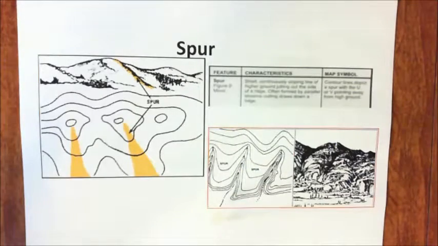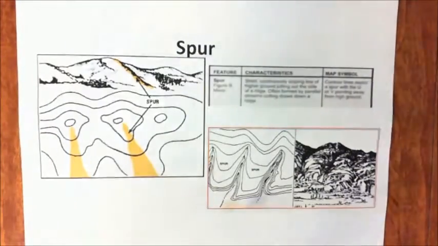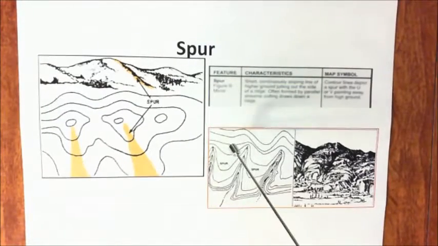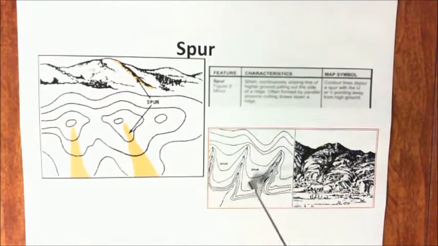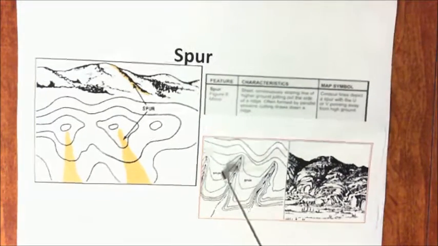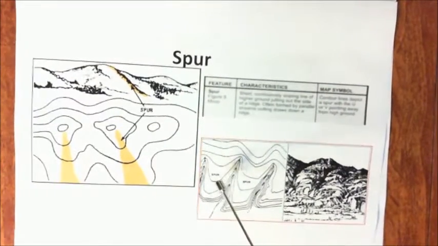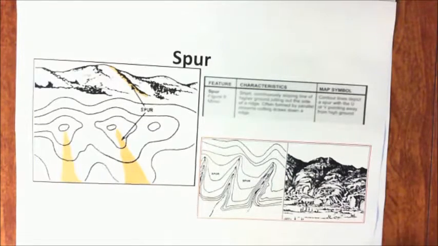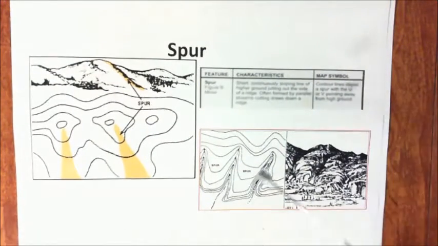Your spurs stick off the side of your boots, your cowboy boots, so you can jab the horse. So here, these spurs stick out off the sides of the mountain, and in between spurs is generally a draw.